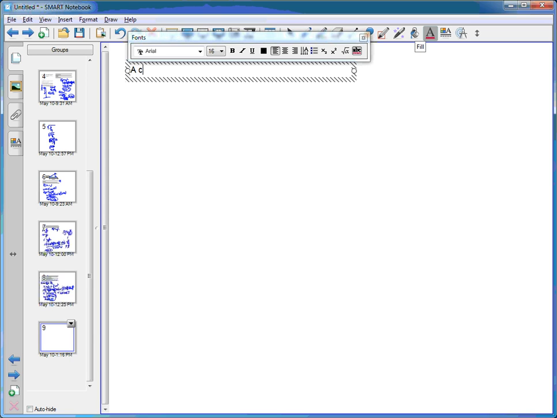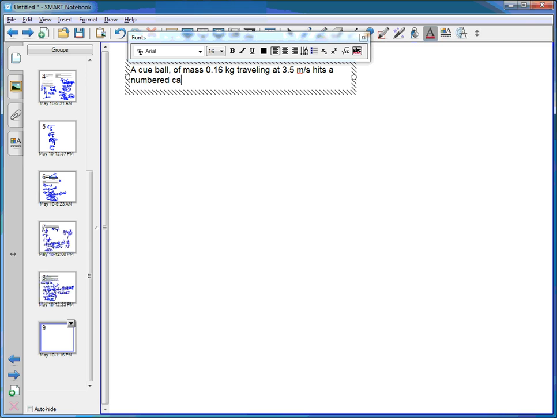Cue ball of mass 0.16 kilograms, traveling at, let's say, 3.5 meters per second, hits a numbered ball of mass 0.17 kilograms and bounces off at a speed of 2.6 meters per second.